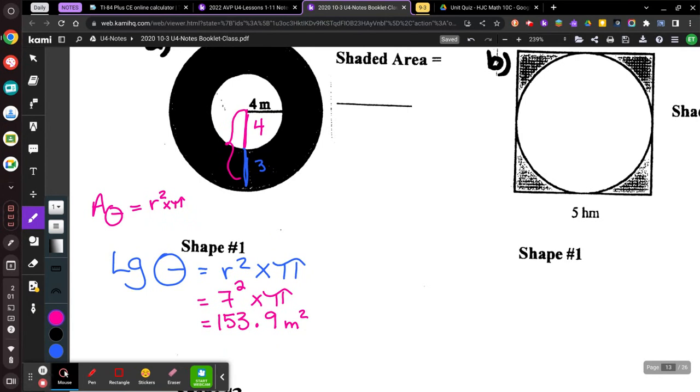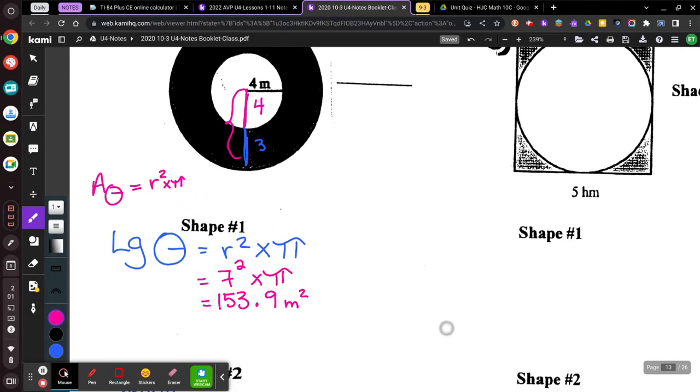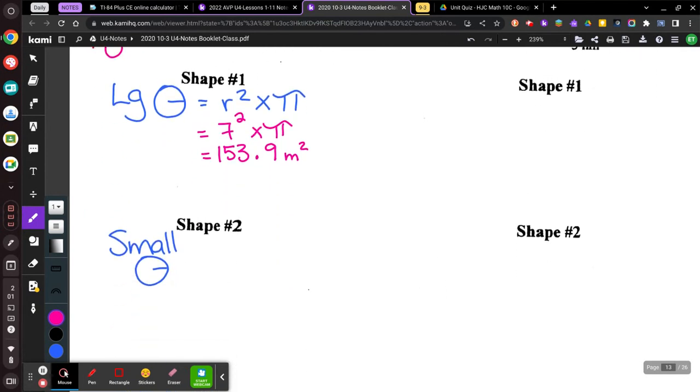Okay, so we have the large object. Now we're going to get the small object. So our small circle has a radius of 4. So we're going to go 4 squared times pi. And that's going to give us 50.3 meters squared.